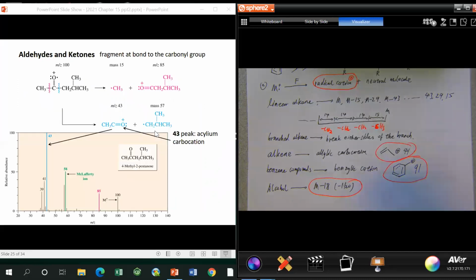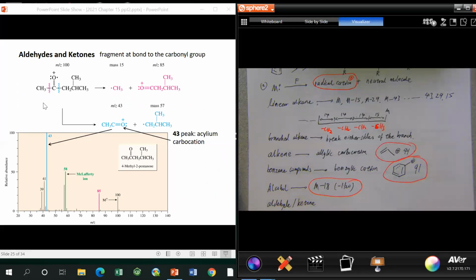And then next, aldehyde and ketone. Aldehyde and ketone are similar to alcohol and also branched alkene. They prefer to break just next to the carbonyl group, on either side, at the branched position.